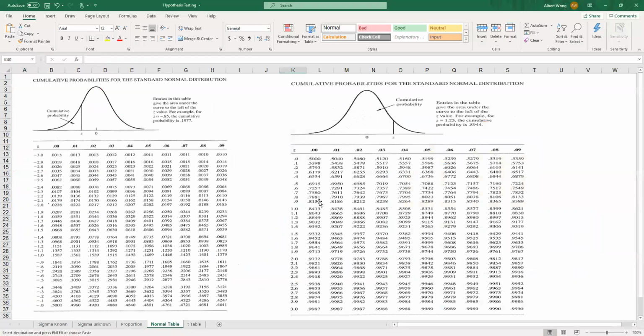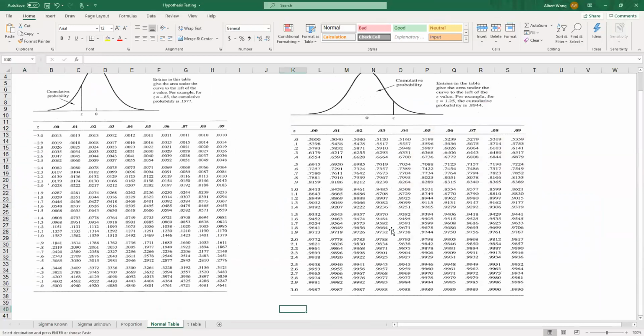We go to the normal table and find a point that corresponds to 0.95, which is right here, 0.9495 or 0.9505, which is 1.645.